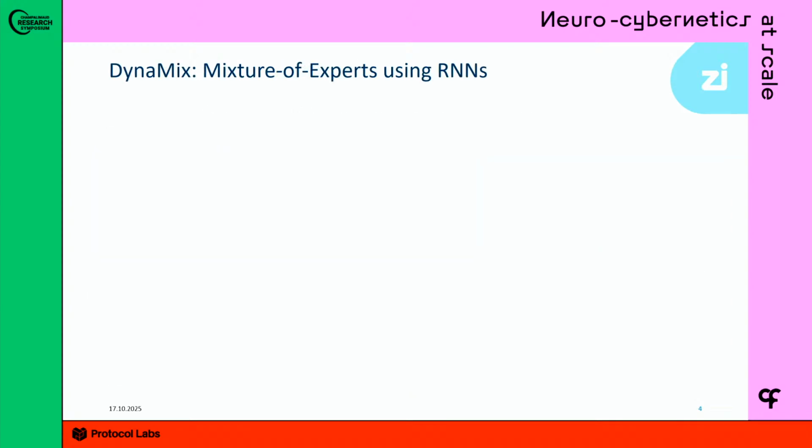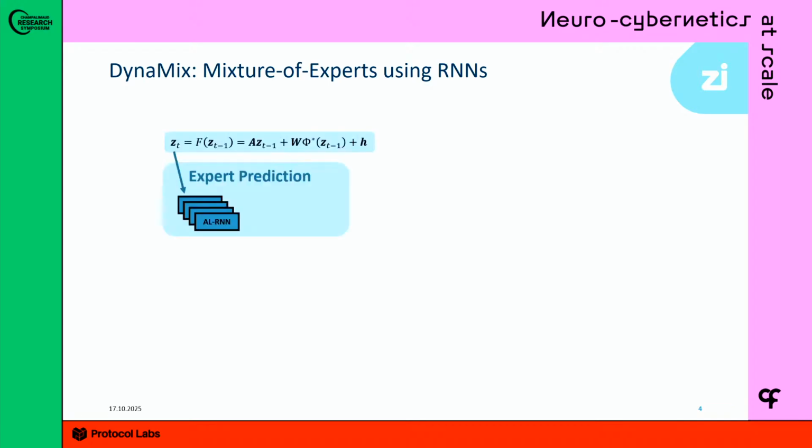So therefore, we introduce Dynamics, which is based on a mixture of experts architecture using recurrent neural networks. We take a bunch of recurrent neural networks, which are in this case the recently introduced almost linear recurrent neural networks. We feed the latent state into all of these RNNs, and each of these RNNs predicts a next latent state.